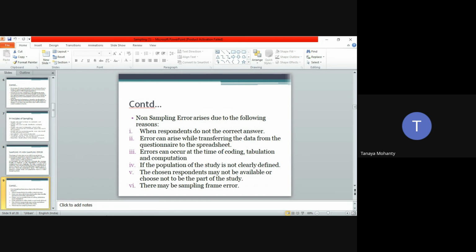Could you give me an example of a sampling frame? Any of you? Suppose I say that I need a sampling frame for the city of Bhubaneswar. What would be the sampling frame? Give me an example. A sampling frame for the population of people residing in Bhubaneswar city.